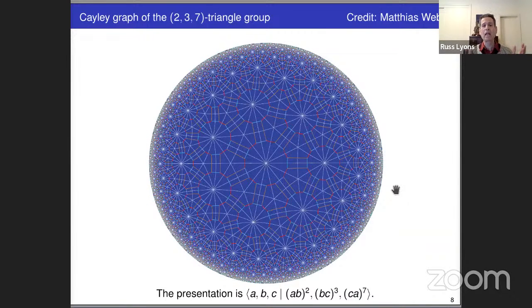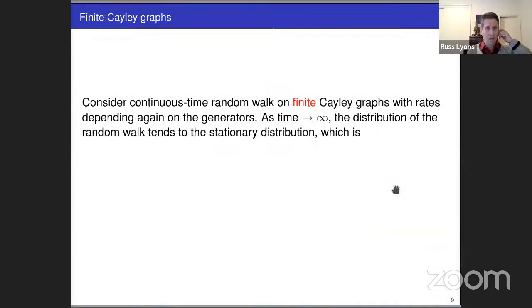So that would be another example of a Cayley graph where, even with all rates equal to 1, no one knows the speed. There may not be a nice formula, but this would be another example where we would ask these questions, okay? All right, so there are 2 themes in this talk.